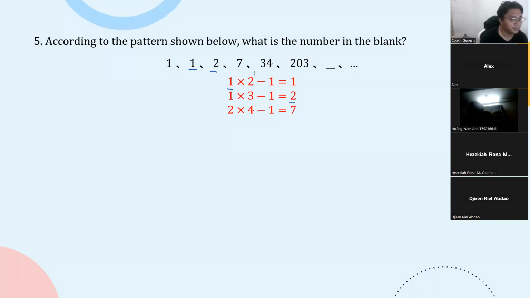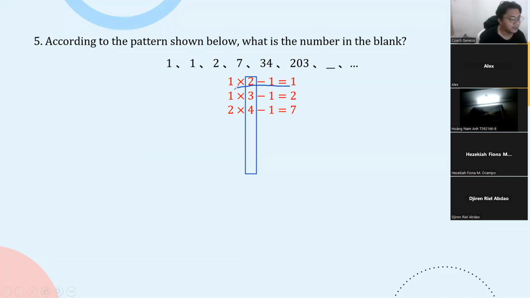So as you can see, the pattern here is we get the current term, which is, let's say, the first one, which is 1. We multiply each succeeding term with increasing value here. So we have 2, 3, 4, and so on. And then all of the values here will be subtracted by 1 after.